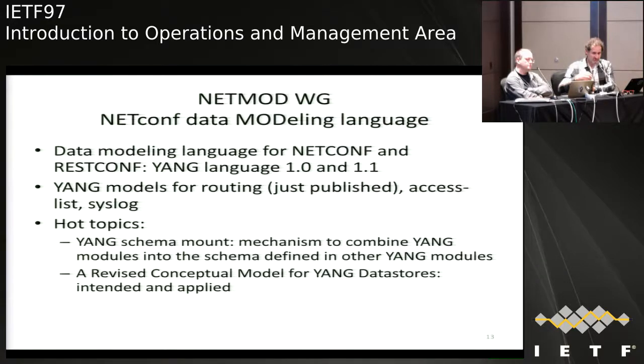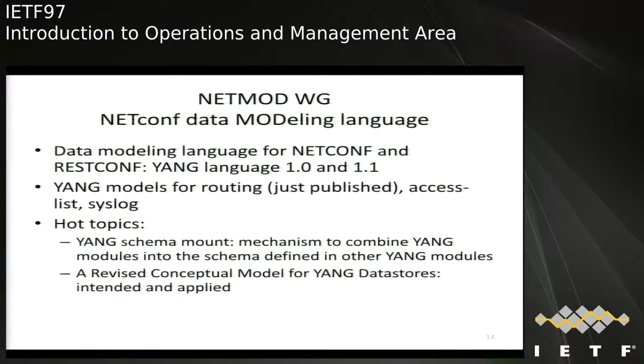The hot topics, we've got 2. And I hope to get a lot of progress this week. The first one is schema mount. That's a mechanism to combine Yang modules into schema defined in other Yang modules. Well, the idea is in devices, I might have a VRF, right? Routing instance.